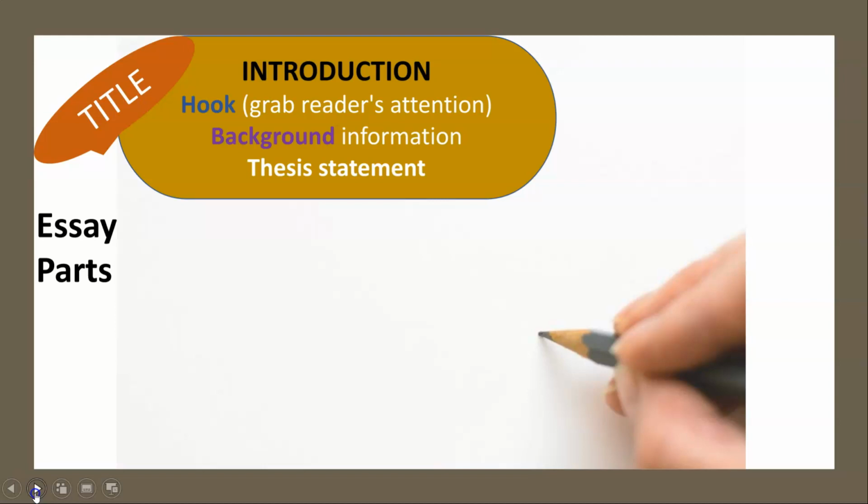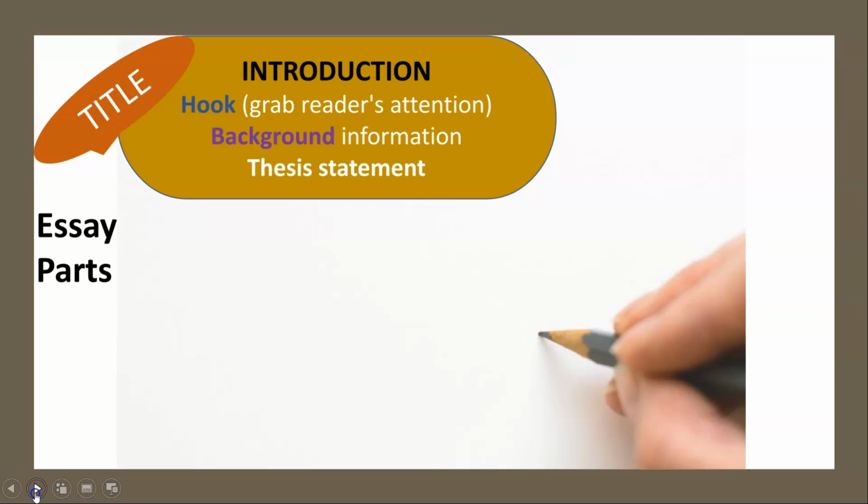Then you need to include the background information. You can't just start writing right away about your essay. You need to slowly prepare your reader as to what kind of information you are just about to give. And the most important part of the introduction is the thesis statement. The thesis statement is basically your topic, your main idea as to what your essay is going to be about, and the controlling idea, hinting to your reader what your essay is going to be about.